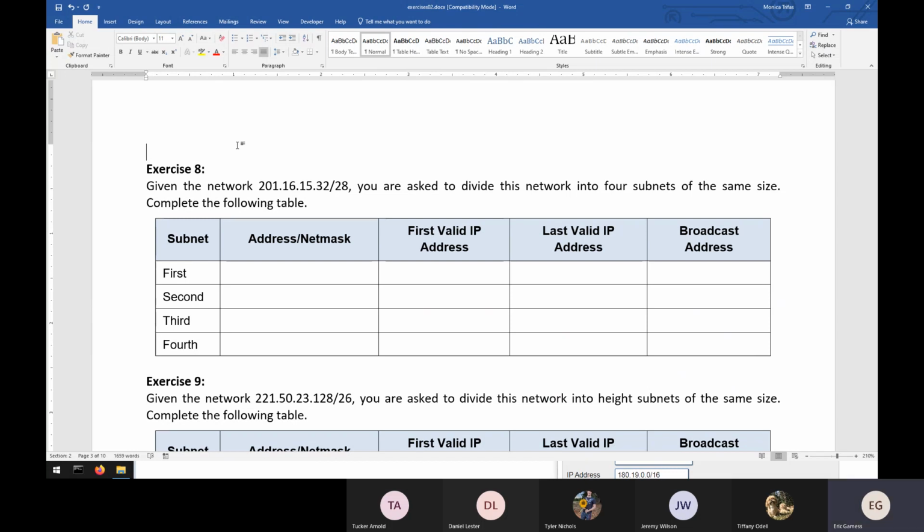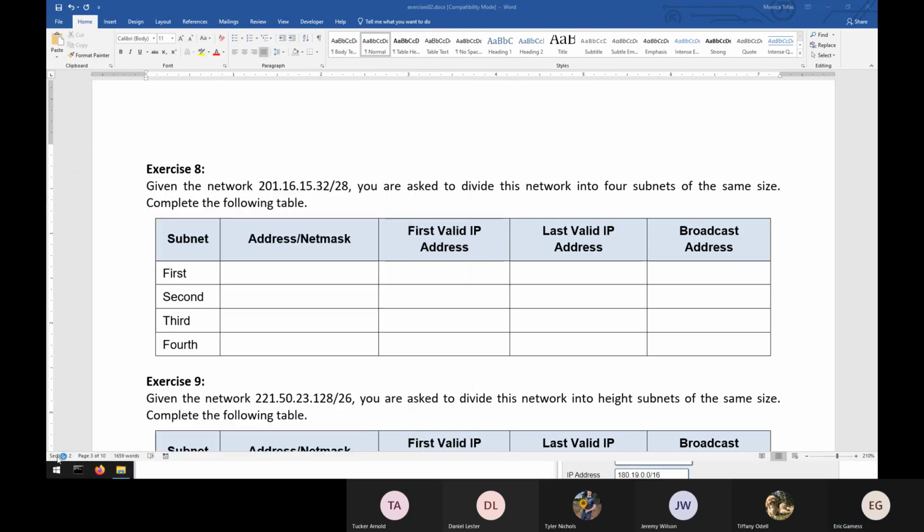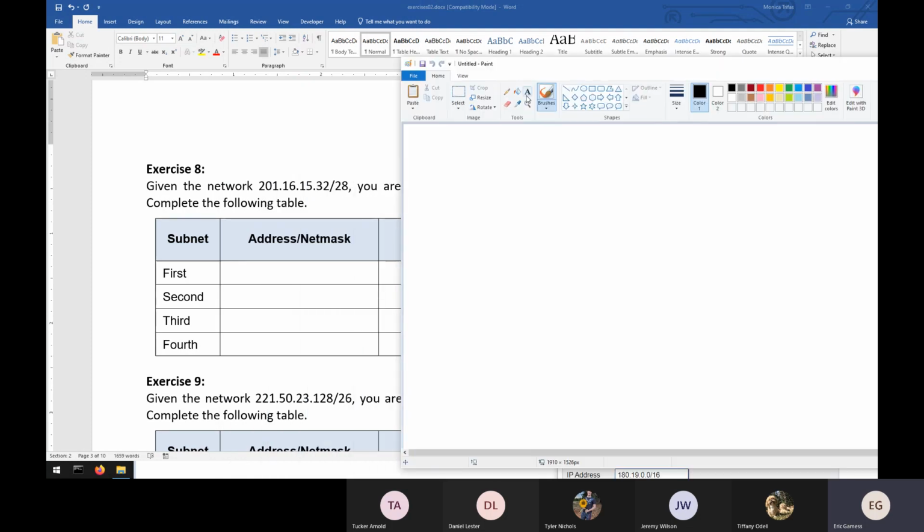Let's show that the magic number is 4. So let me bring paint again. Okay, so originally the mask is /28. This is the original mask of the network.